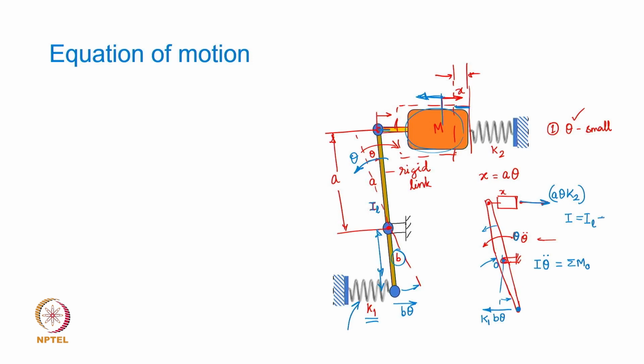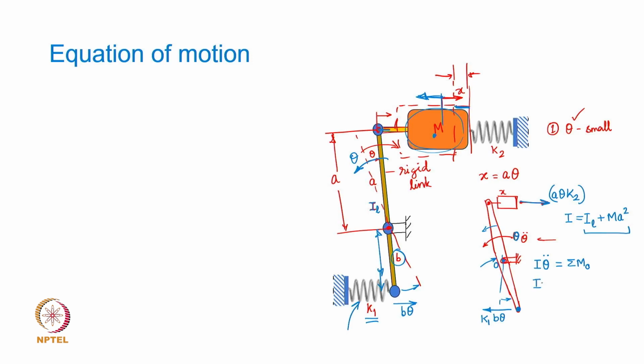So, I can add that inertia, and so I am going to write this as m a square, and this now becomes the total rotational inertia about the fulcrum that I need to account for. So, if you know the mass moment of inertia of the link and the mass value of this point mass, I can find out the total inertia value.